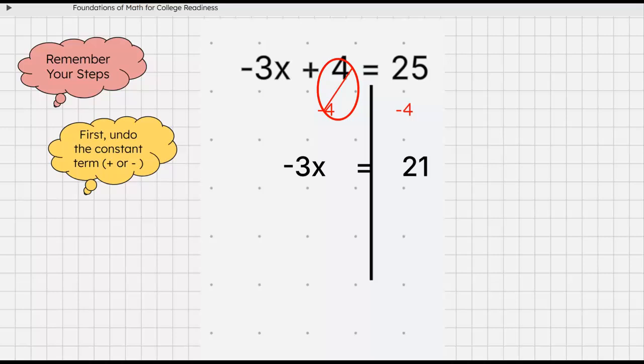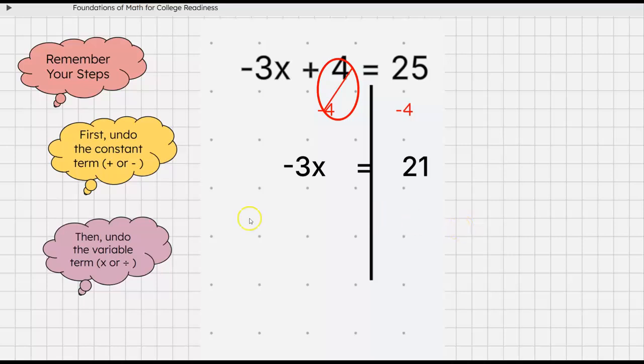The next step is to look at the variable term. We have a coefficient with our variable. Coefficients mean to multiply. So we need to undo this variable term with the inverse of multiplication, which is division.